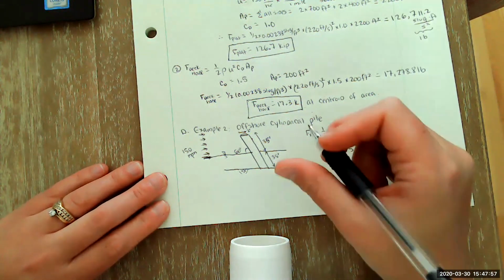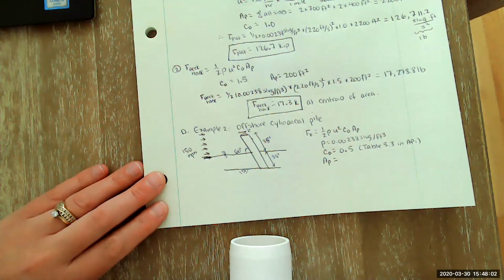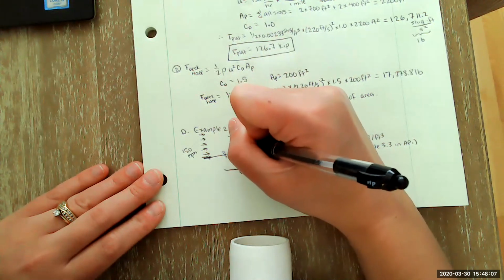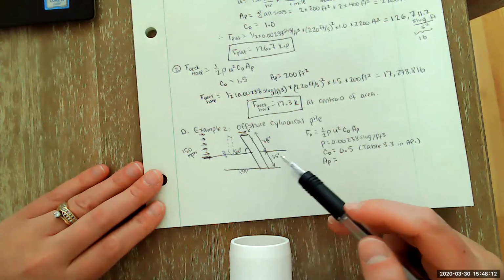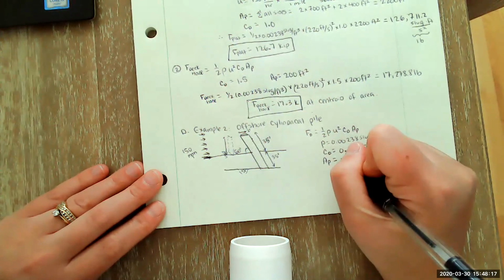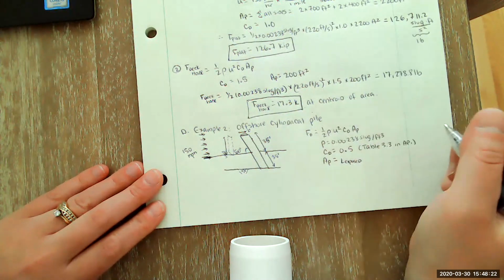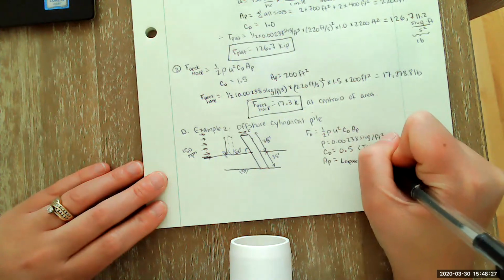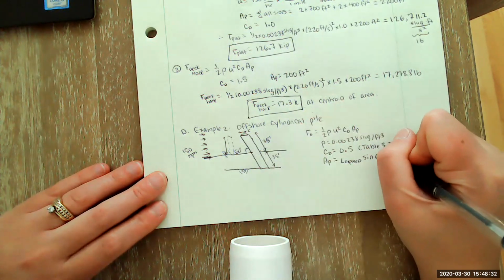And my projected area is going to equal, this is where it gets a little bit tricky. Again, remember your projected area is the area of the rectangle that you project from this inclined member. So basically I want this y distance, which will be L exposed, so my exposed length of 35 feet times the sine of 60 degrees times the diameter of my pile.